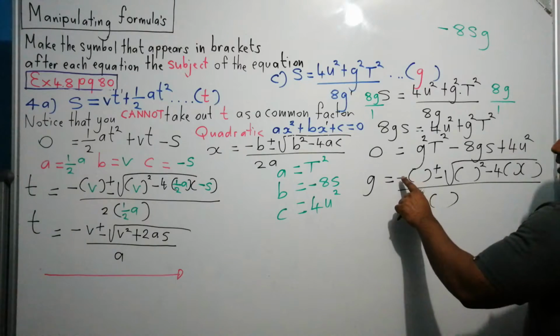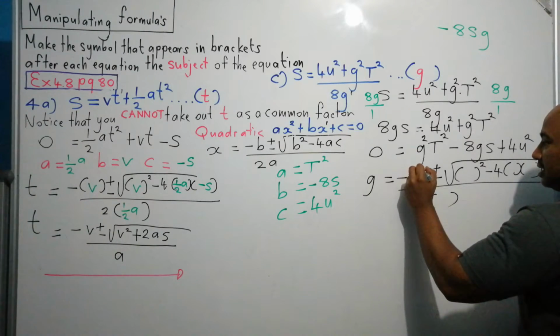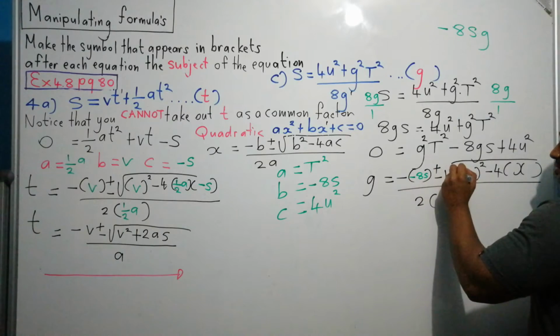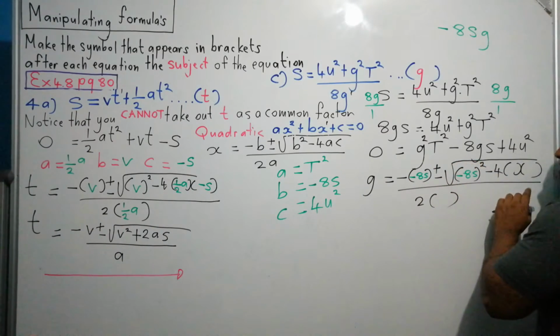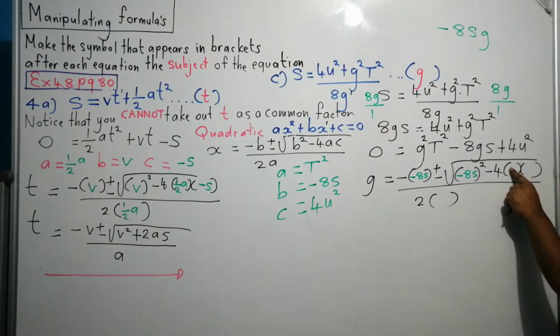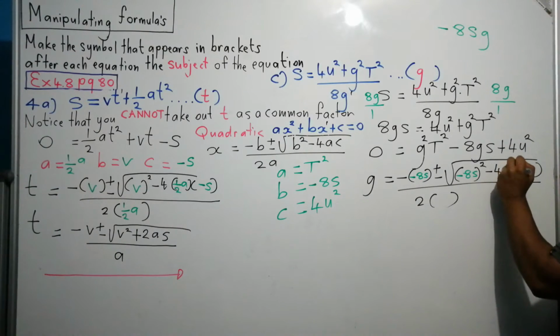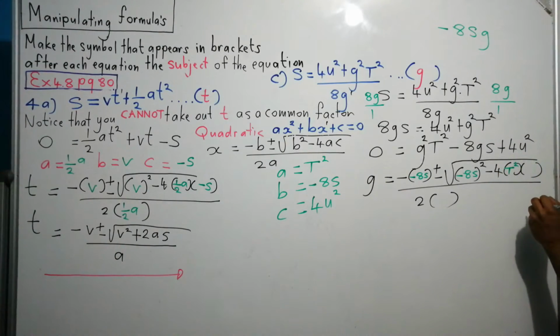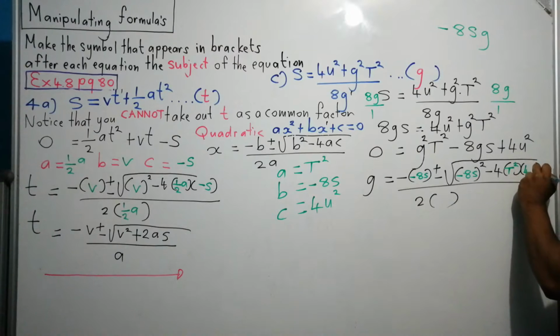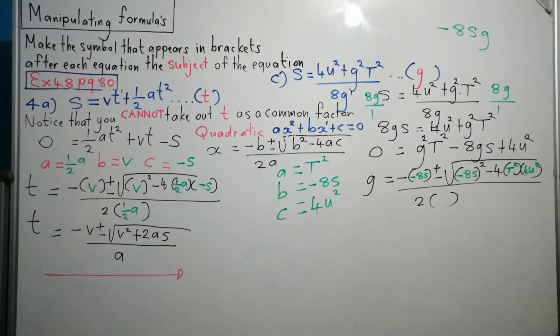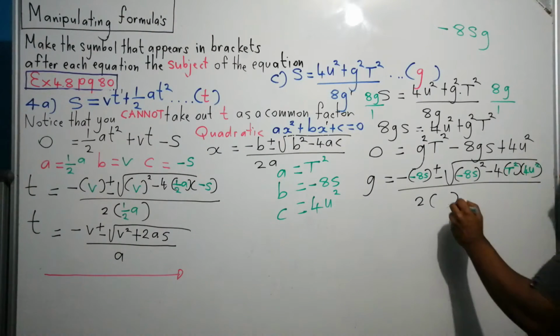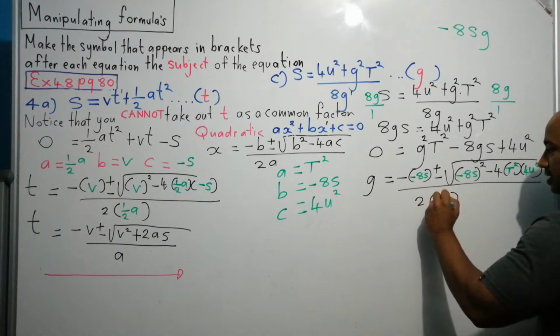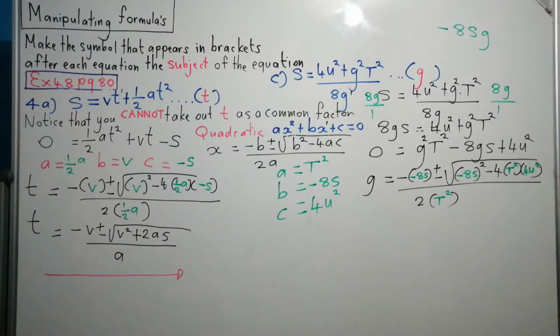So that's minus b, which is minus 8s. So that's minus 8s. That's a times c. What is my a, which is t squared, and c, which is 4u squared, all divided by 2a, which is t squared.